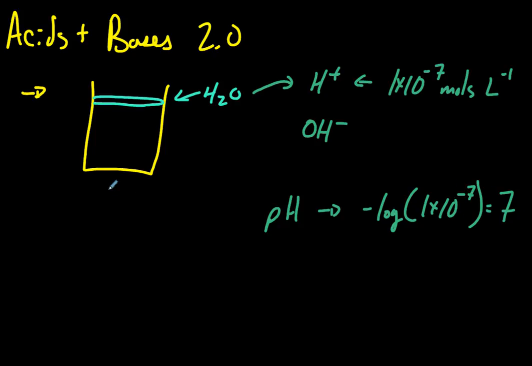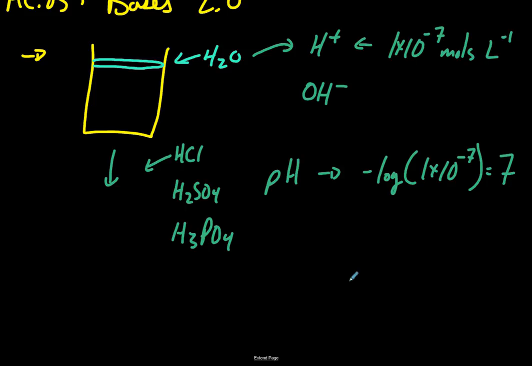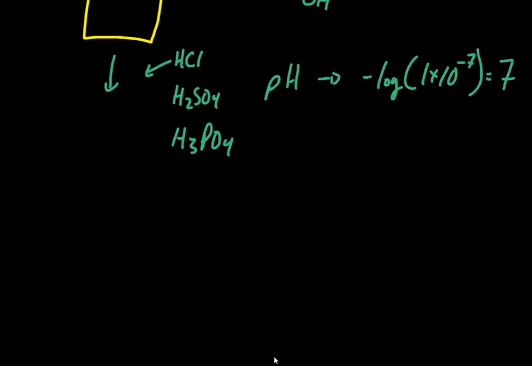And then we talked about how if you were to add acid to regular water, so you take something like hydrochloric acid or sulfuric acid, or phosphoric acid, etc., and you add some of this into the water, what would end up happening is you would drive the pH down, because you would increase the concentration of H plus ions in the water.